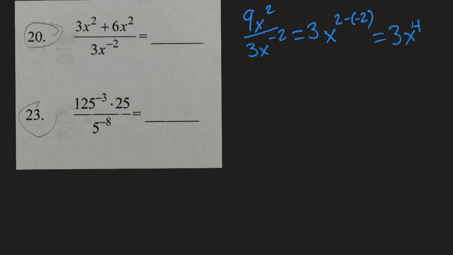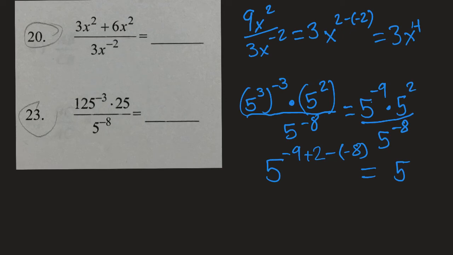As for the second one, if you haven't done it yet, take a moment and try it. As a hint, try to get everything to the same base. All right, so for this one, what we notice is we have 125, 25, and 5.